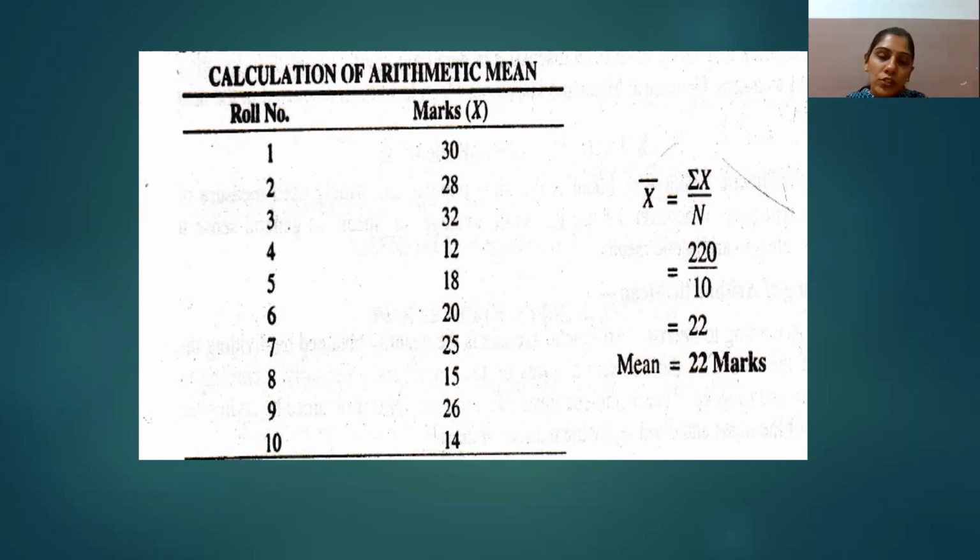If nothing is mentioned in the question about which method to use, you can opt for any method. But compared to the shortcut method, the direct method is much easier. While solving a question, first you have to identify what type of series it is, and after that you choose which method you are going to use for calculating the mean.